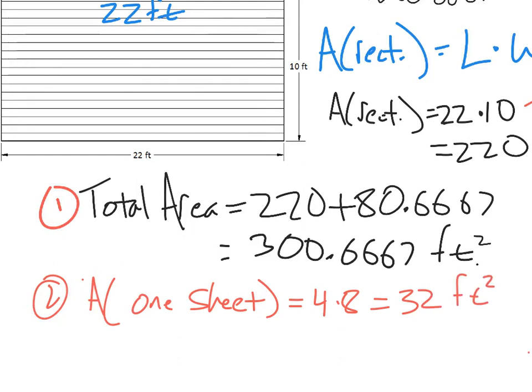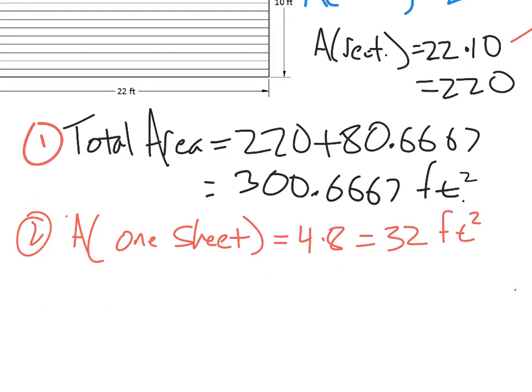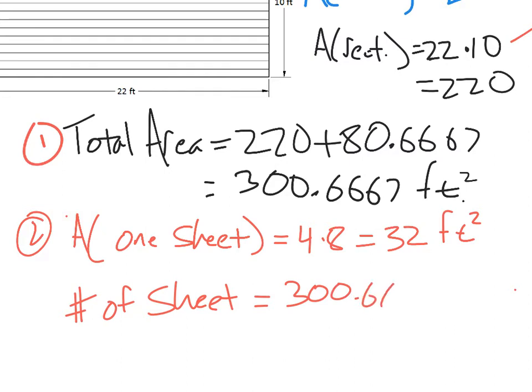So the question is, if everything fit perfectly, if we use all of that plywood perfectly, which never happens, we can find the number of sheets by taking the total area and figuring out how much each one can cover. So 300.6667 divided by 32. And this will tell us how many sheets of plywood we need.